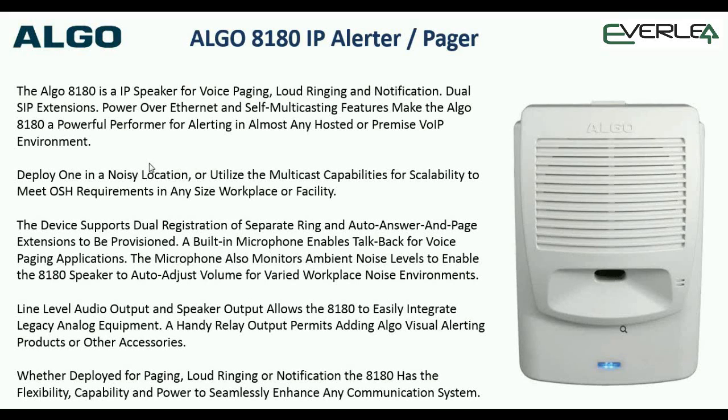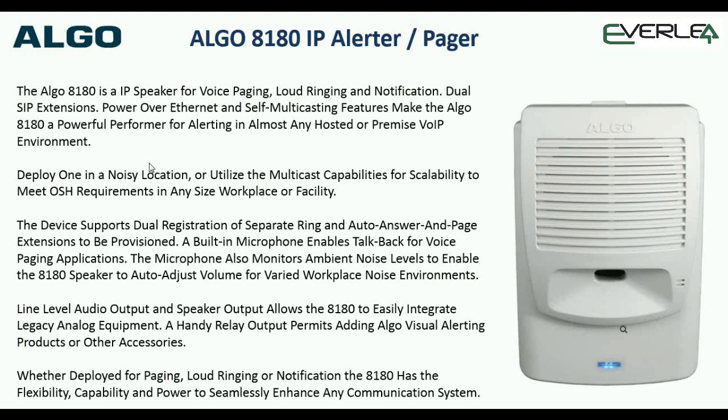Now, the advantage of this is that you can use the 8180 in the most basic format, as we've just talked about, but we can also start using it in more complex solutions for a customer. For example, we can have up to 7 paging groups on the 8180 called multicast, or paging groups as we used to know them. We can dial them individually through different master units and have additional slave units.